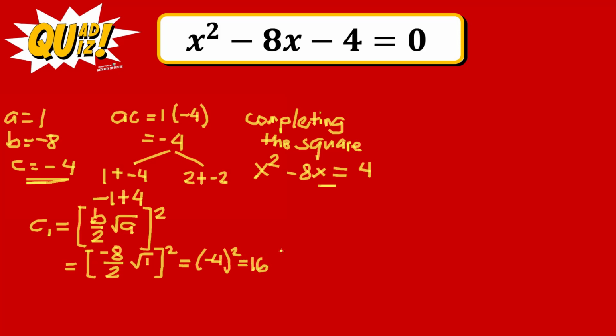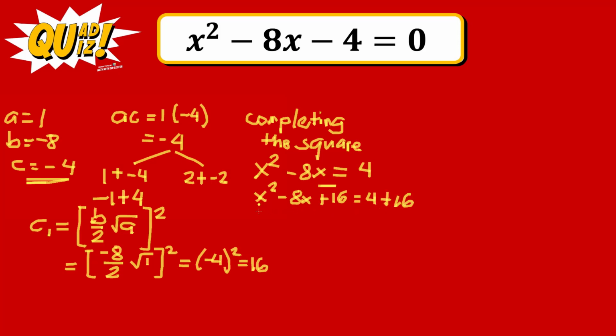So it's not negative 4, our original C, that can make our trinomial perfect square, but it's positive 16. Hence, we are going to add the same constant on both sides of the equation. So you have plus 16, and on the other side, you have 4 plus 16 as well.